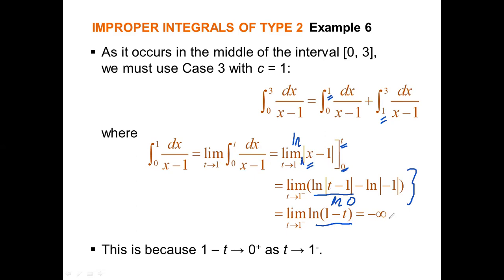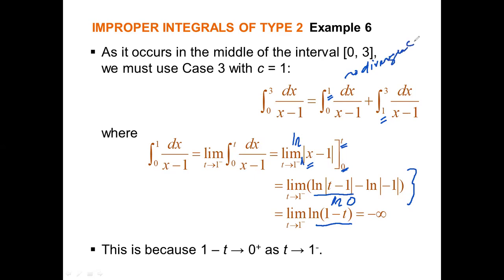This one is negative infinity. So, if either of these two integrals fails to exist, the original integral is non-existent because this one is said to be divergent.